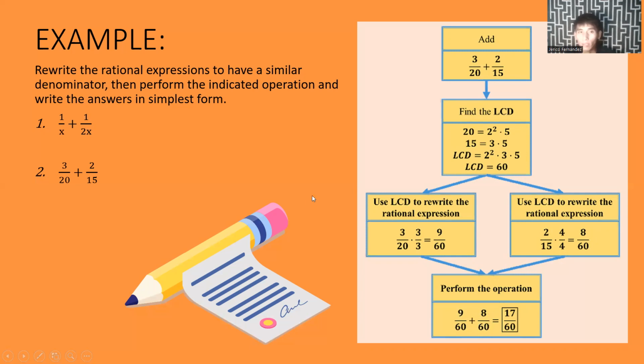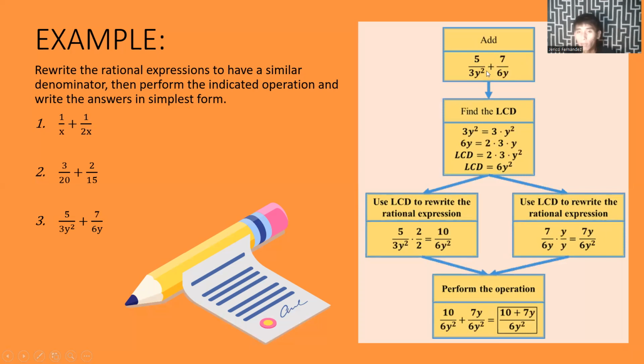Another one, 5 over 3y squared plus 7 over 6y. Factor them out and get the LCD, or the term which can be divided by both. So 6y squared can be divided by 3y squared. 6y squared can be divided by 6y.